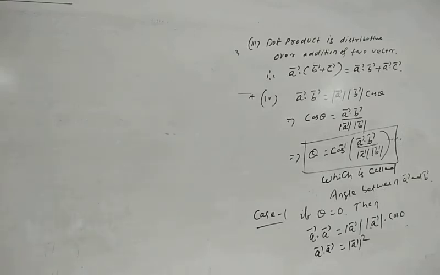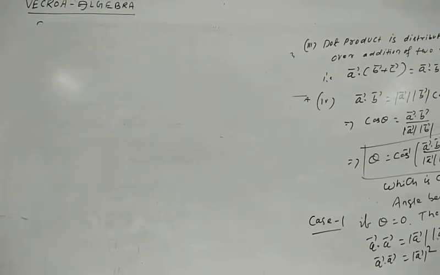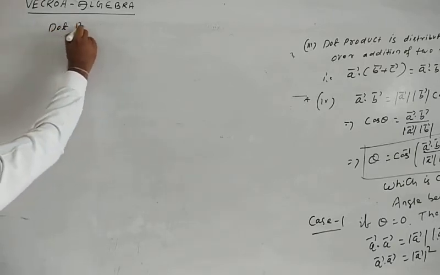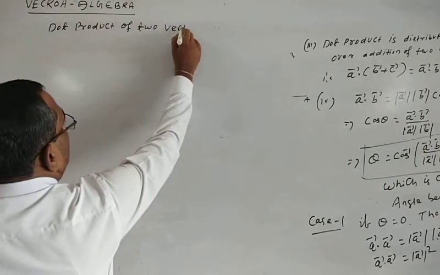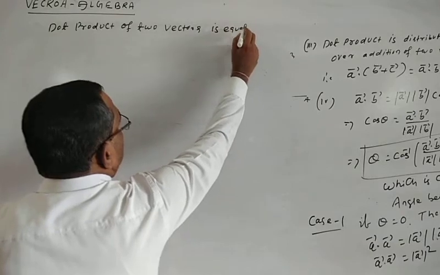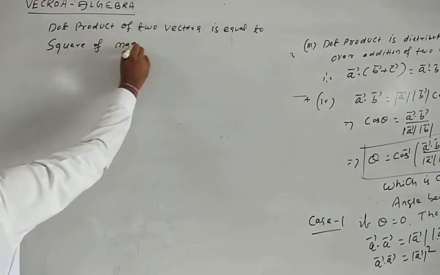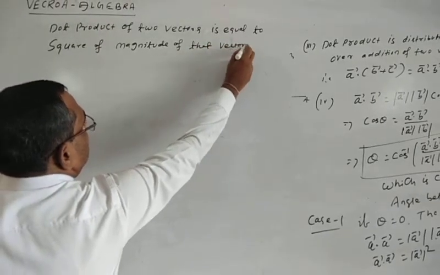That means dot product of two equal vectors is equal to square of magnitude of that vector.